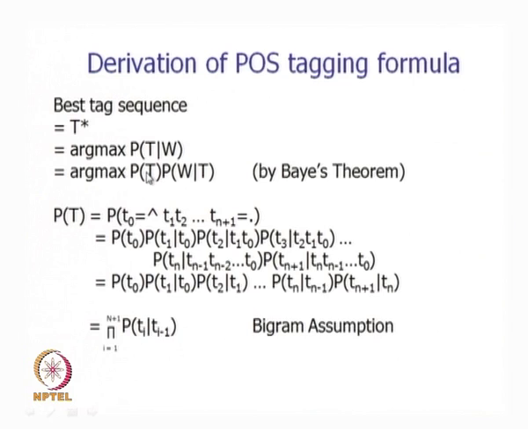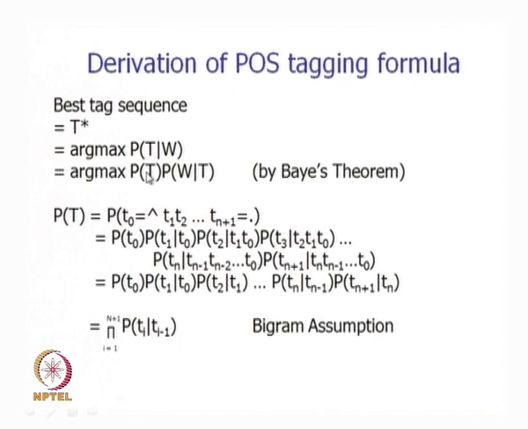We understand this in a minute. The only counterintuitive part there is the P W given T, and that came because we wanted to apply Bayes theorem, and we will have to make some engineering judgments, take some engineering steps to make use of this expression P W given T. So, let us go ahead with the mathematical formulation.